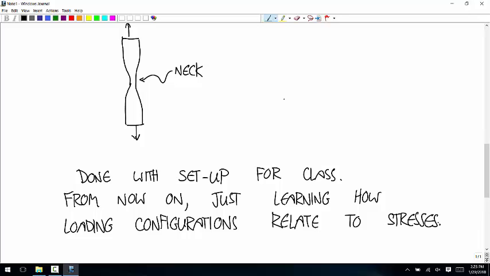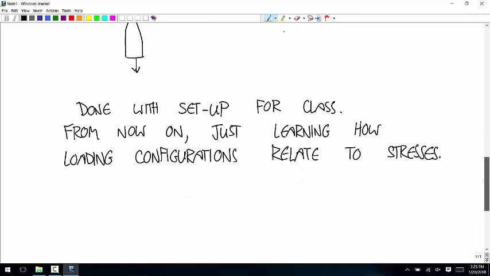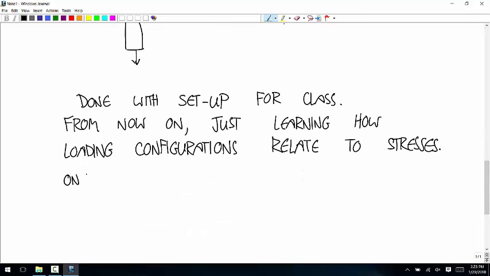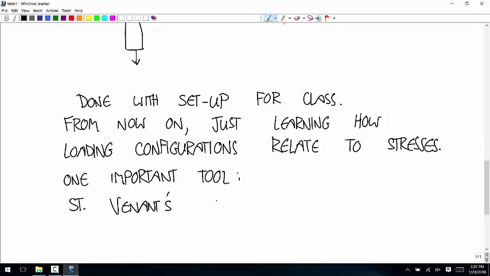And there's one tool that's going to be really important for us. This isn't really a mathematical thing. It's an experimental thing, a fact that people have noticed. It's called Saint-Venant's principle. Saint-Venant is like a French name, some French guy.